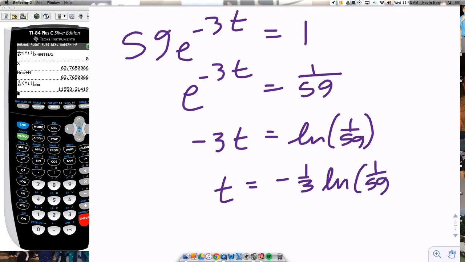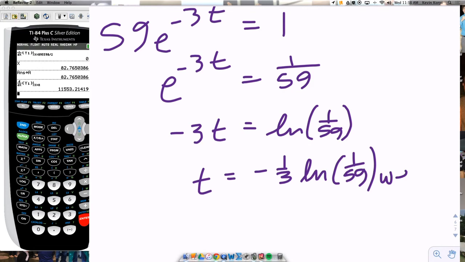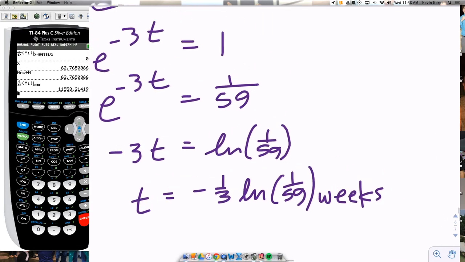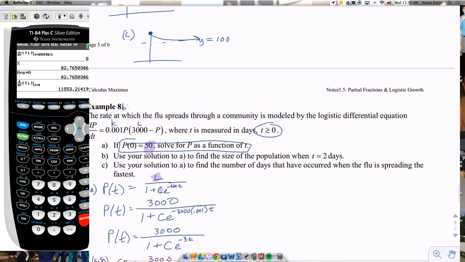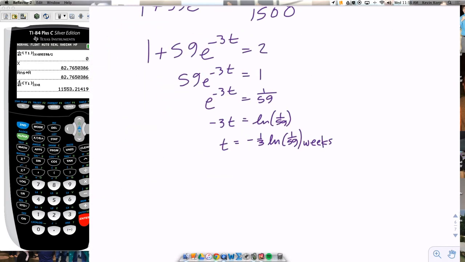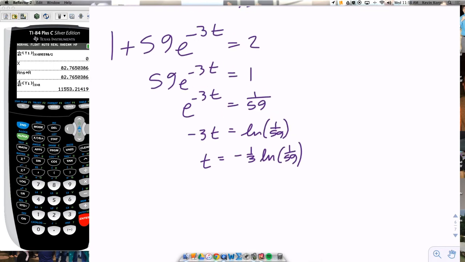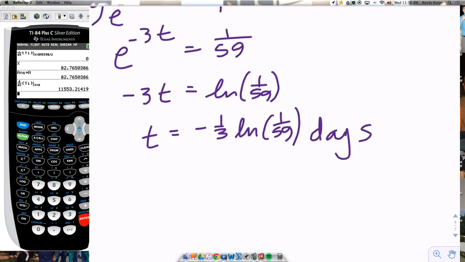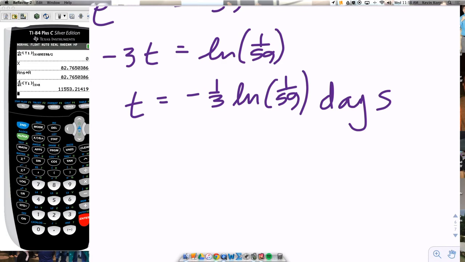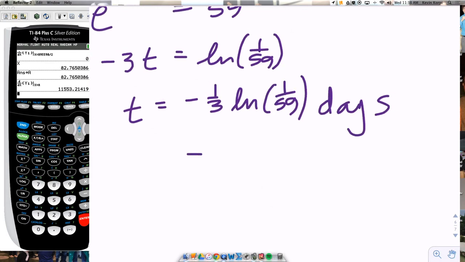Weeks. Now let's say that this is a multiple choice question. Is it days? Darn it, you don't want to mess up at the end. It is days. Okay. It's spreading faster than I wanted it to. This probably would not be the multiple choice answer, although this type of algebra would be fair game for a non-calculator portion. There's a negative out front, and this is a fraction. So remember, you could do something with the natural log of 1/59.